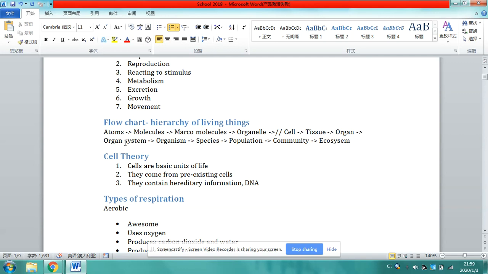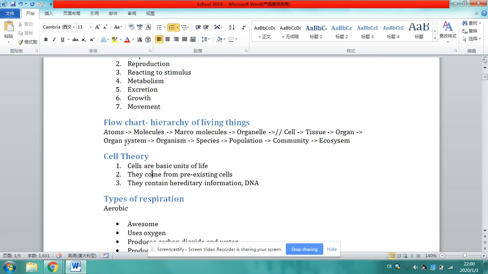These are things we are more familiar with, like ribosome or chloroplast or mitochondria, the powerhouse of the cell. And organelles make up cells. And cells are the basic units of life. Remember, it's basic units of life. So it's the smallest thing that can be alive.